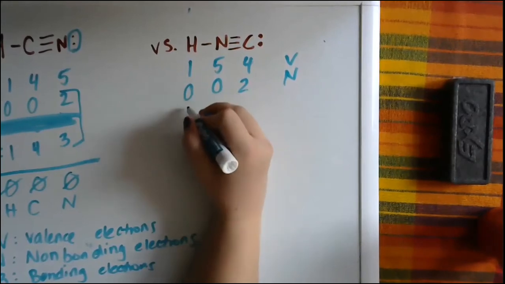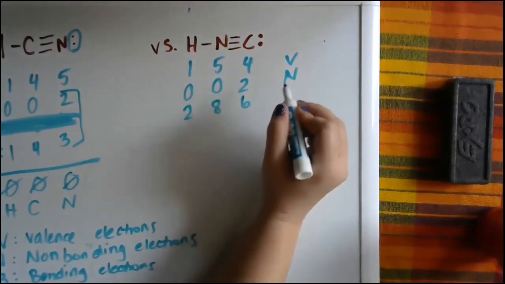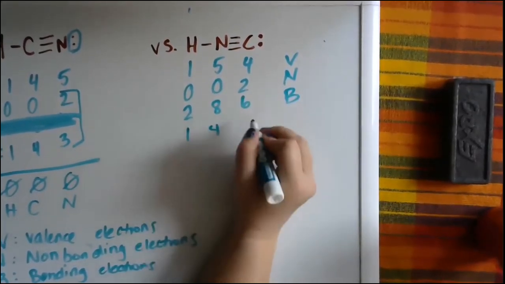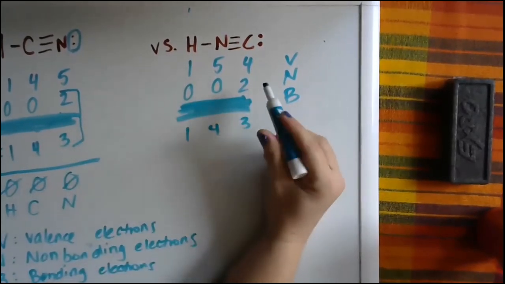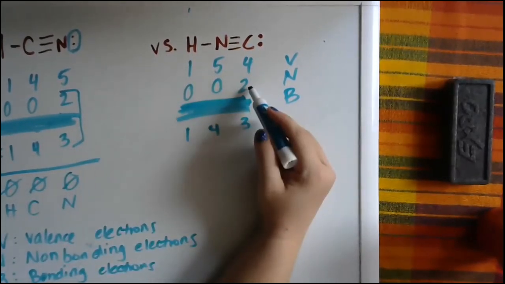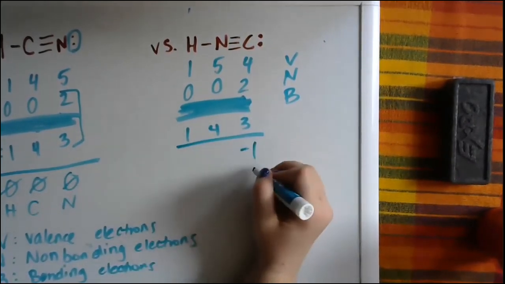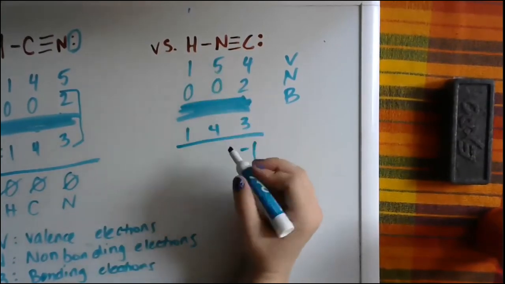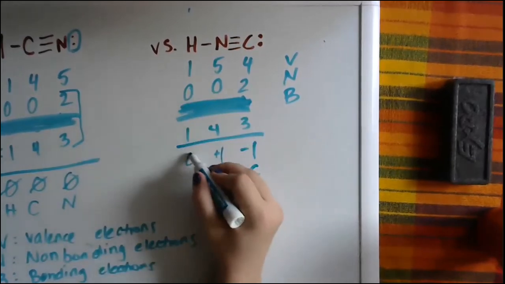We have 2 there, 8 there, 6 there for our bonding, which is 1, 4, and 3. Okay, so 4 minus 2 is 2. 2 minus 3 is -1 for carbon here. 5 minus 0 minus 4 is +1. 1 minus 0 minus 1 is 0.